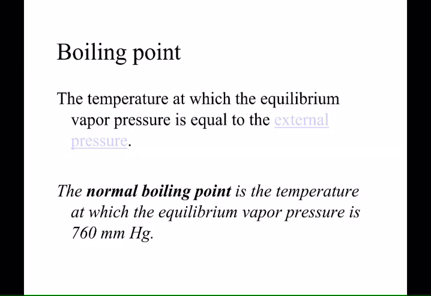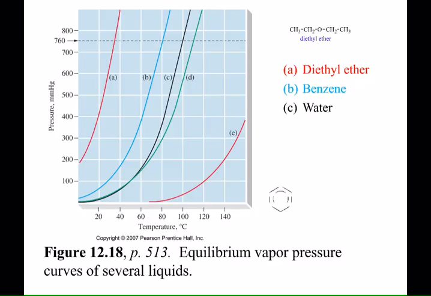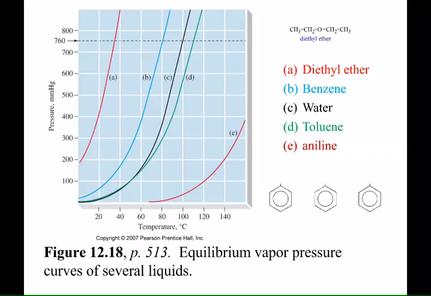I have a little video to show you. But before I show you the video, I want to show you this. Which line is water? Water is the black line. It bothered me just a little bit that when I was on this slide the other day, I told you the wrong thing. So let me fix that.